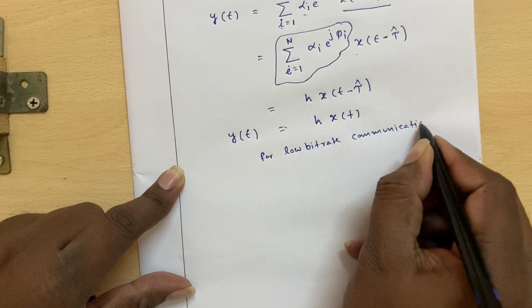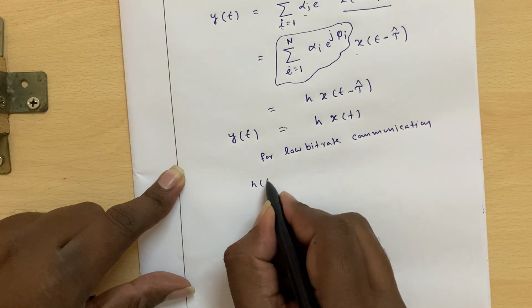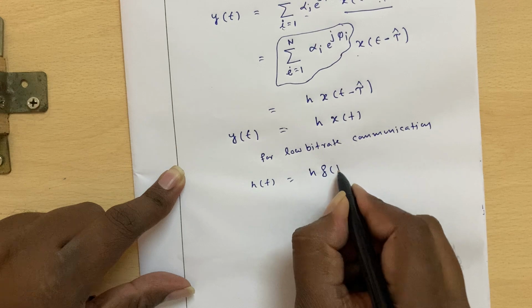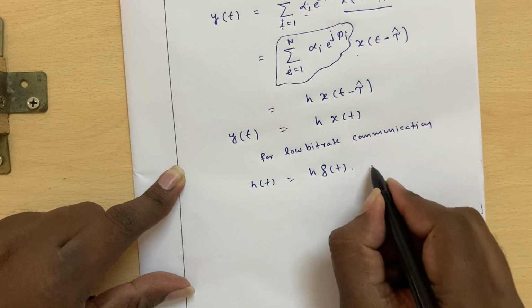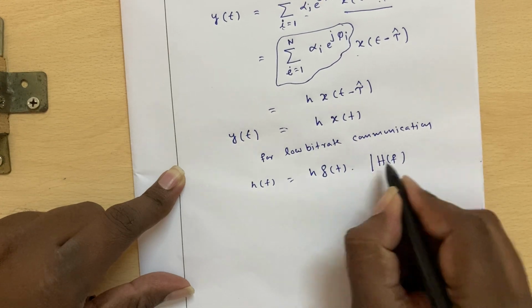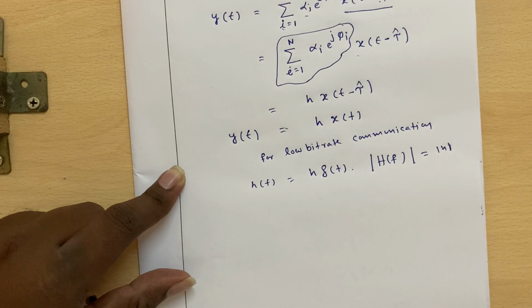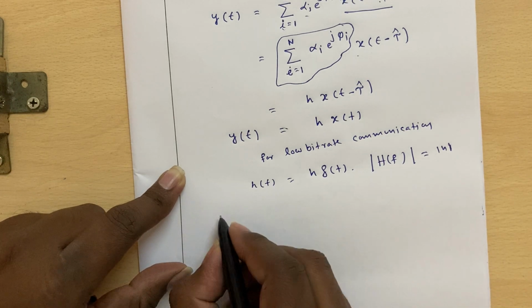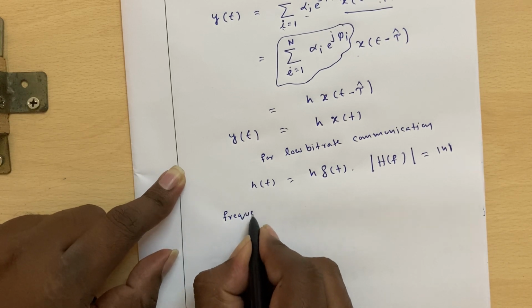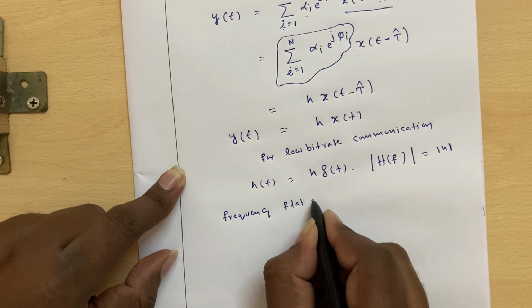So the impulse response you can write as h of t equal to h into delta of t, whose Fourier transform, meaning whose transfer function or magnitude frequency response, is flat over all frequencies. So that we call frequency flat fading.